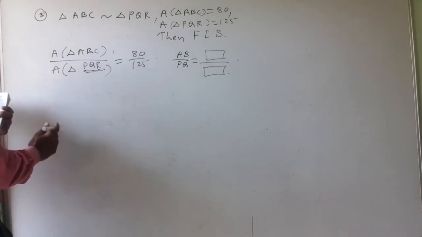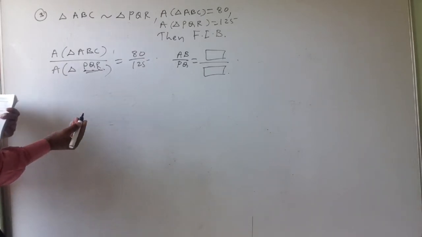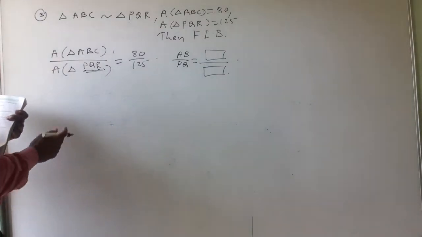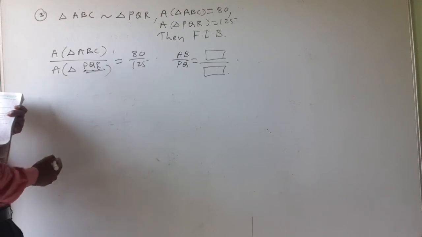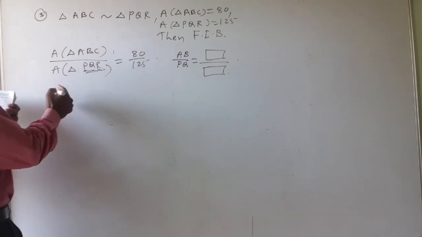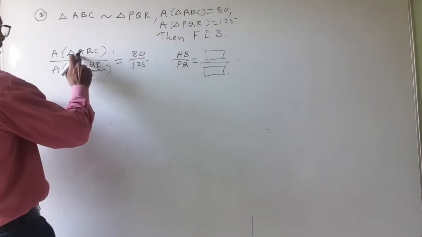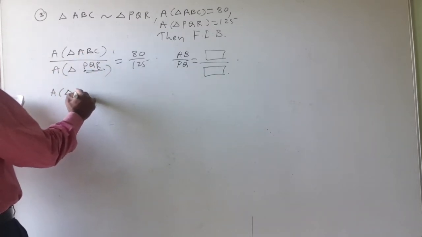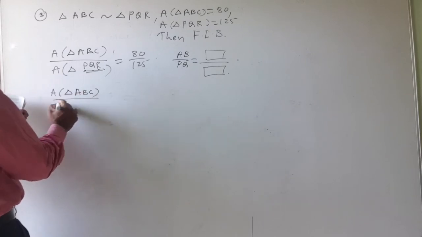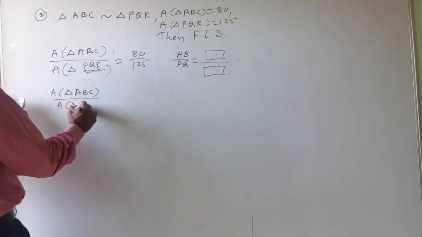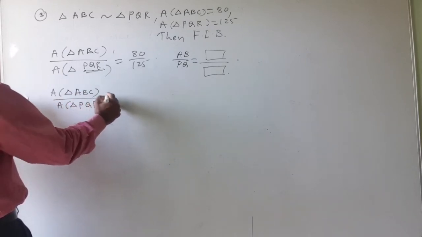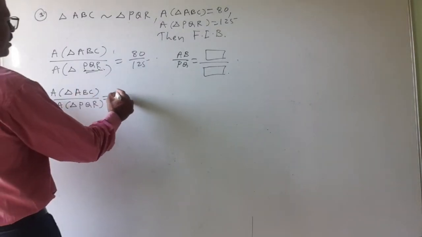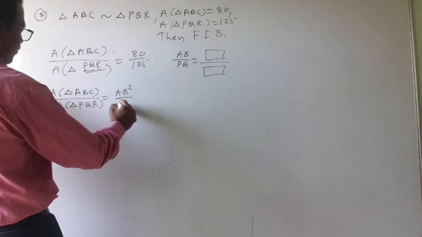Now, we have to solve something. So, by the theorem of ratios of areas of similar triangles, they want AB by PQ. So AB and PQ. Area of triangle ABC upon area of triangle PQR is equal to the ratio of the squares of the corresponding sides, means AB square upon PQ square.